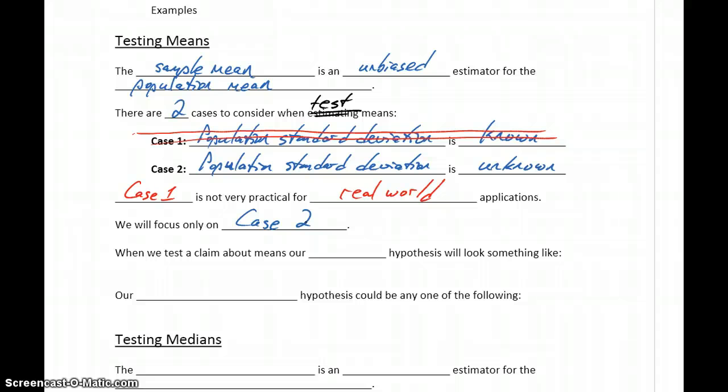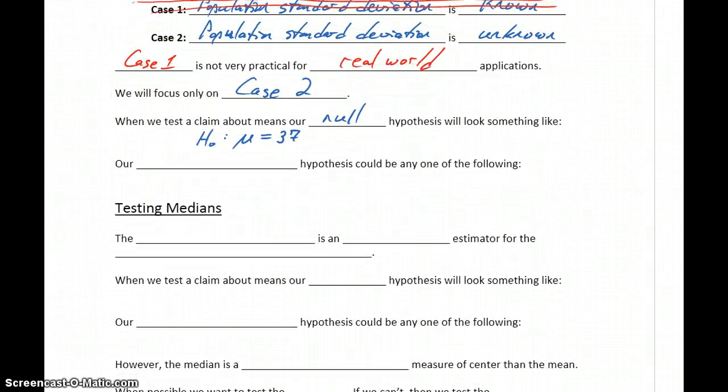When we test a claim about means, our null hypothesis will always be something like H naught is the statement that mu is equal to 37, or whatever number that is. But it's always going to be a statement of exact equality. And the alternative hypothesis can take on one of three forms.